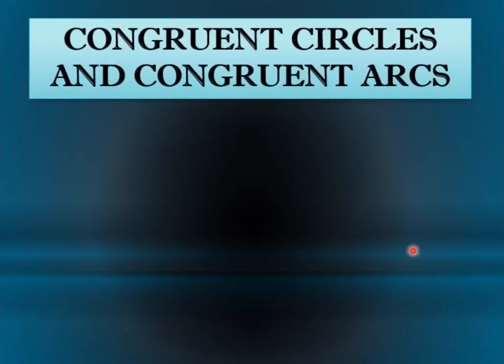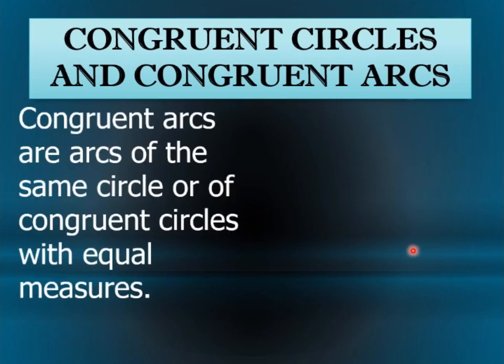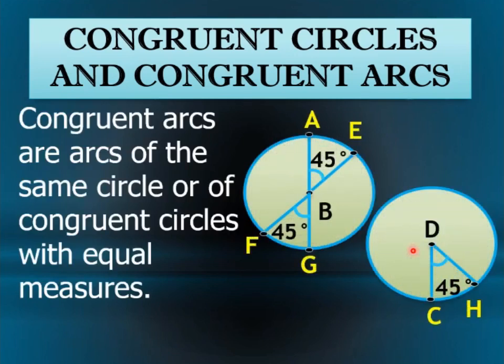Congruent circles and congruent arcs. Congruent arcs are the arcs of the same circle or of congruent circles with equal measures. Given circle B, the arc AE is equal to 45 degrees because its central angle measures 45 degrees, which is congruent to the arc FG because its central angle is also equal to 45 degrees.